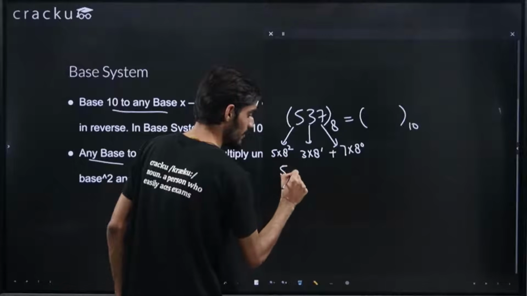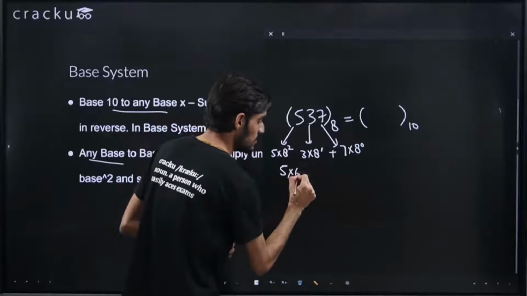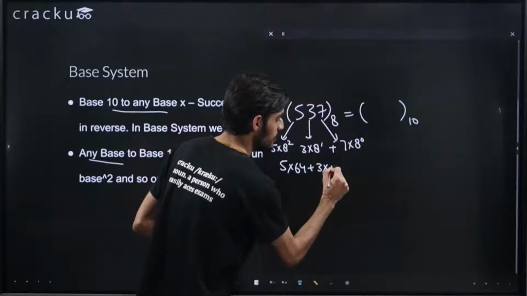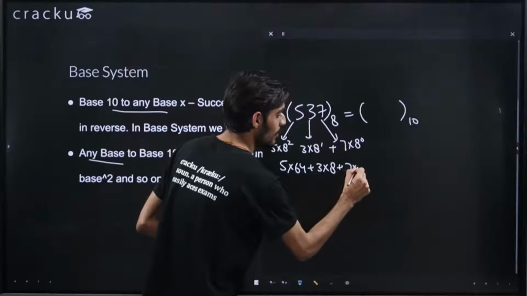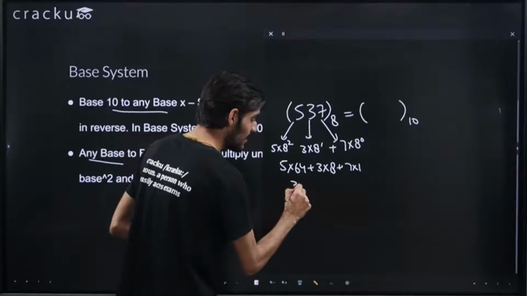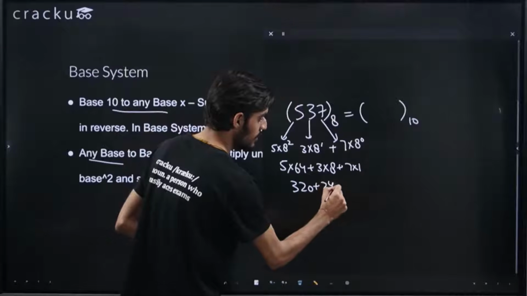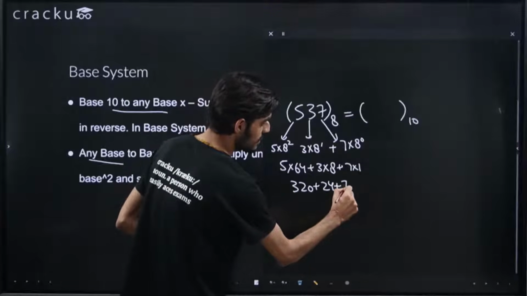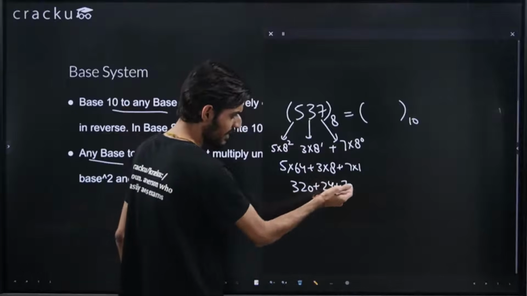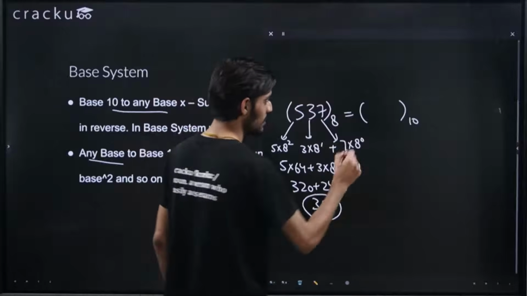That is 5 into 64, plus 3 into 8, plus 7 into 1, because any number raised to power 0 is 1. So 64 into 5 will be 320, 8 into 3 is 24, and then 7. You can just add it. This is 344 and 7, 351. I hope I'm doing the calculations correctly. So this will be 351.